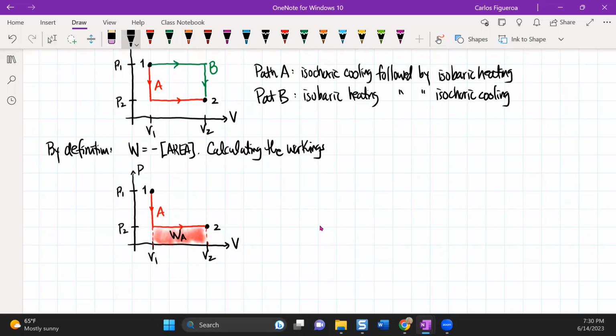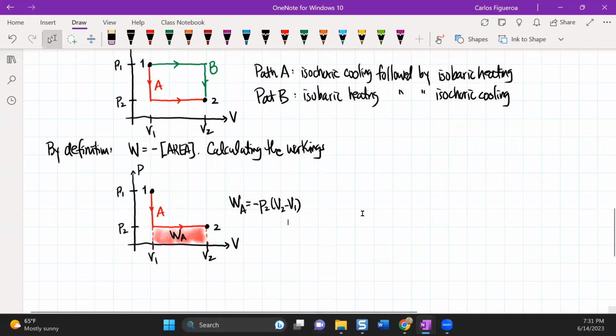If I calculate that work, you can see the work of A is just the area of the rectangle. So it's got to be minus P2 times the difference in the volumes. That negative sign is there because thermodynamic work is the negative of the area.